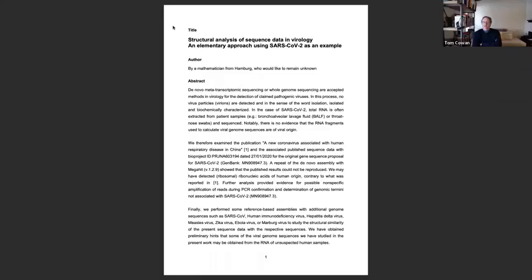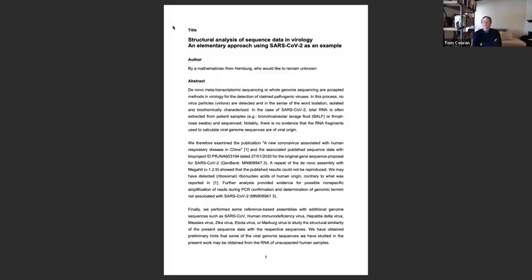Next paragraph. We therefore examined the publication, a new coronavirus associated with human respiratory disease in China, and the associated published sequence data with project number dated there for the original gene sequence proposal for SARS-CoV-2, and there you see the GenBank number. A repeat of the de novo assembly with megahit showed that the published results could not be reproduced.